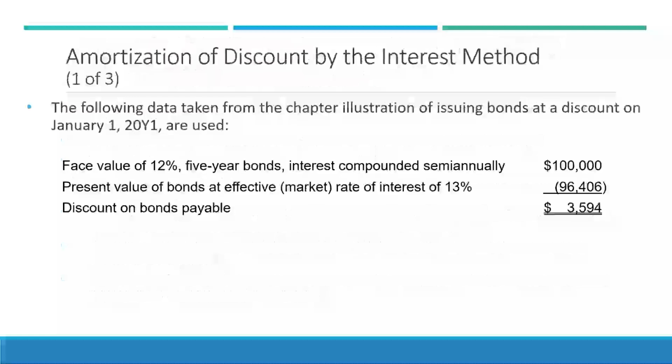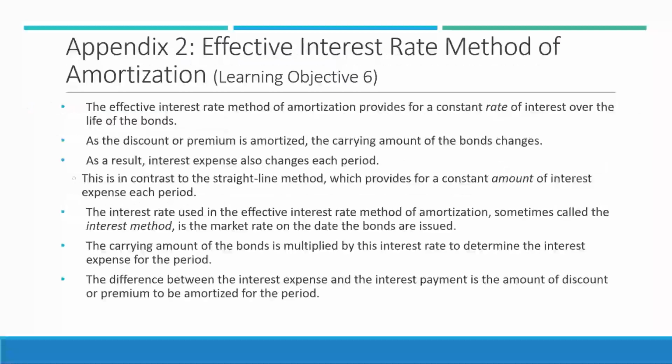And so the proper way to calculate the interest expense every period for a bond is to multiply the carrying value of the bond by the market rate of interest at the issuance of the bond. And the carrying value increases or decreases every single time we're amortizing the discount or the premium.